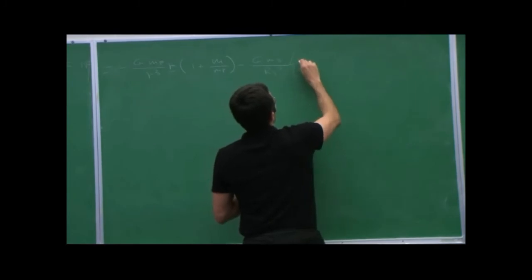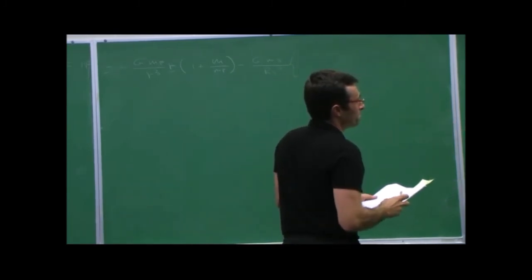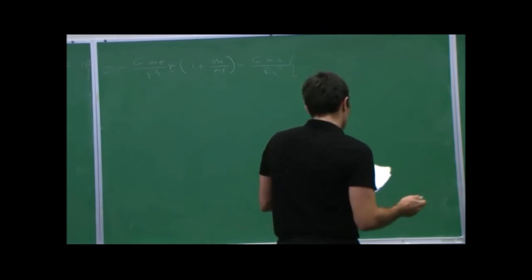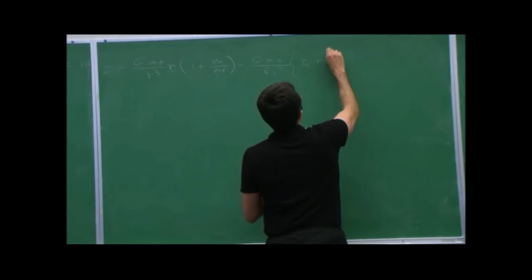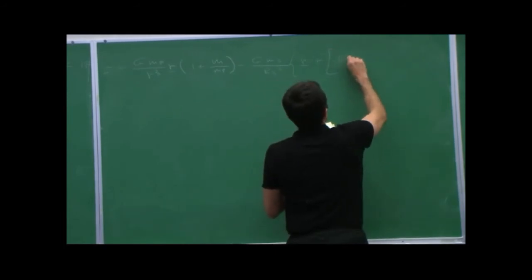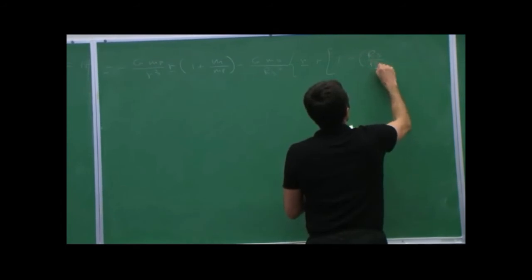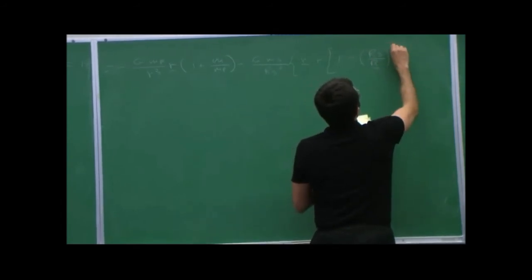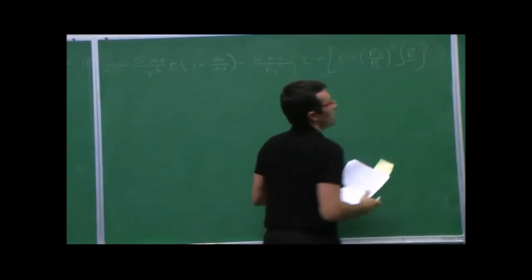I have a few more parentheses here. So you can add and subtract big R. And so you can make little r appear here, but then you have this correction: 1 minus Rs over R, cubed, that multiplies big R. Make sense what I've done here?